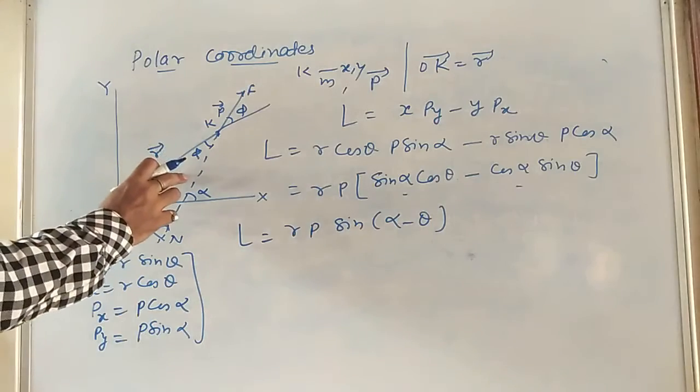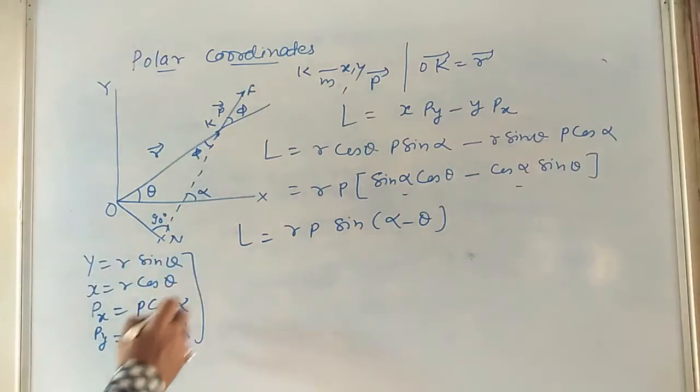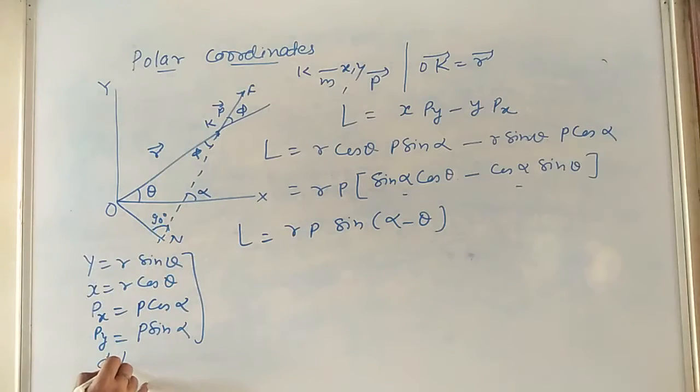According to this figure, theta plus phi is equal to alpha. Interior angle is equal to an exterior angle. So phi is equal to alpha minus theta. Put their values.